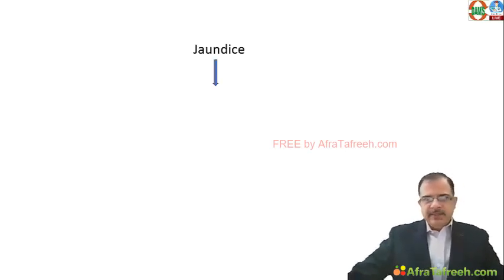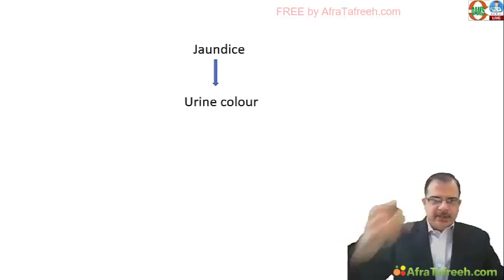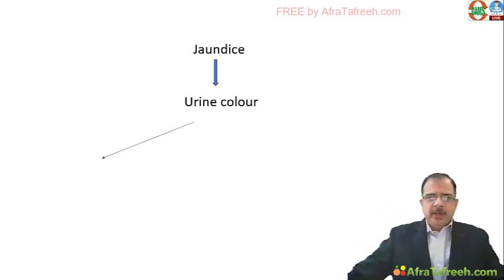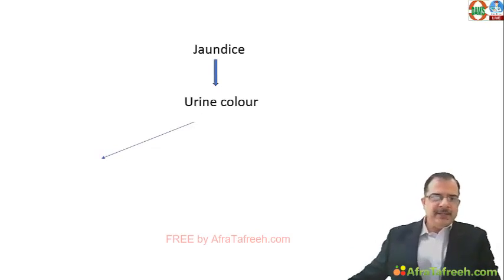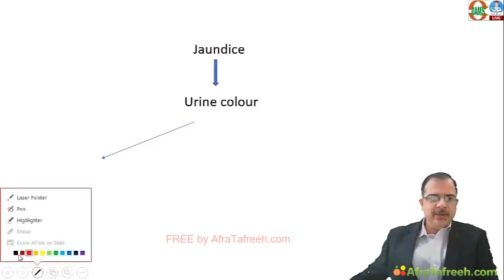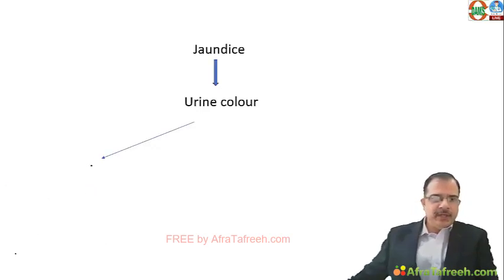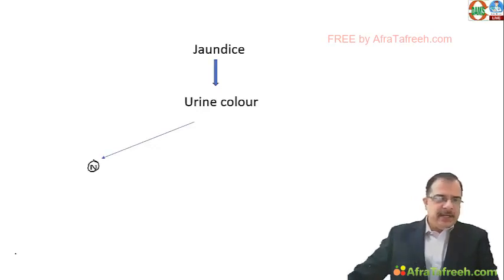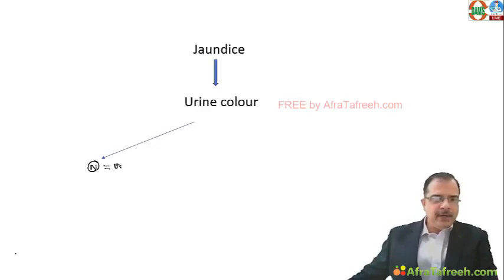So the first step will be look at the urine color of the patient. Icterus is there. Look at the urine color. So if the urine color is normal, that means it is not dark, it is not high colored urine. So this is a normal color of the urine. So this will be a case of an unconjugated high bilirubin.